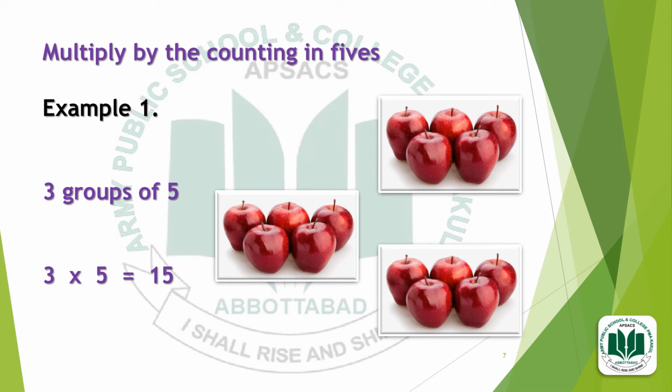For this, first you have to count the number of groups, which are 3, and then the number of things in each group. They are 5. So we have 3 groups of 5 and we can write it 3 multiplied by 5, which is 15. There are 15 apples.